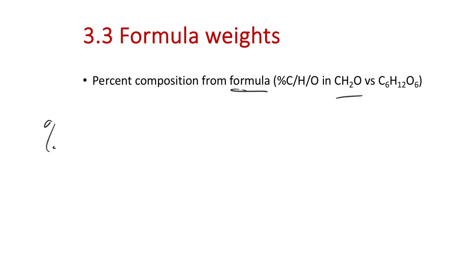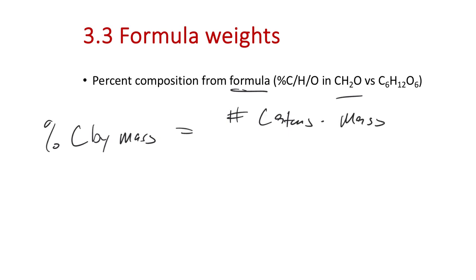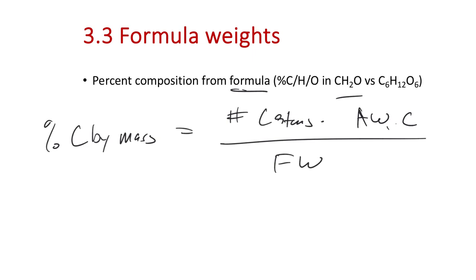So the percent, say, carbon by mass in a formula would be the number of C atoms times the mass of C. Let me even be more precise here, the atomic mass, or the atomic weight of carbon, divided by the formula weight of that compound or that unit. And then this is going to be times 100%.